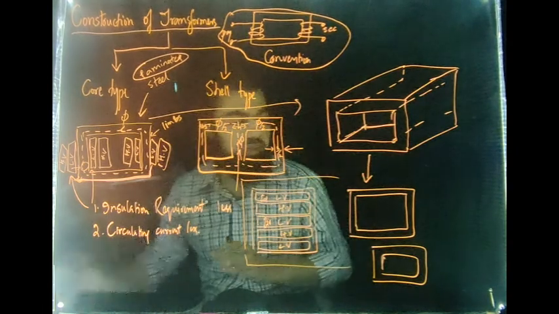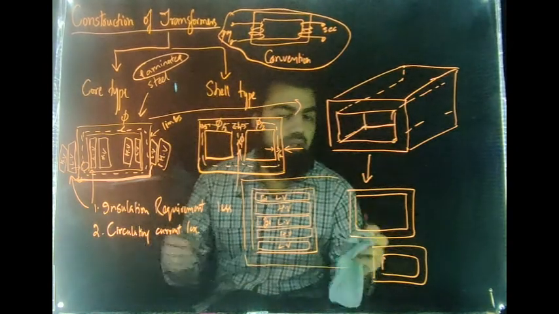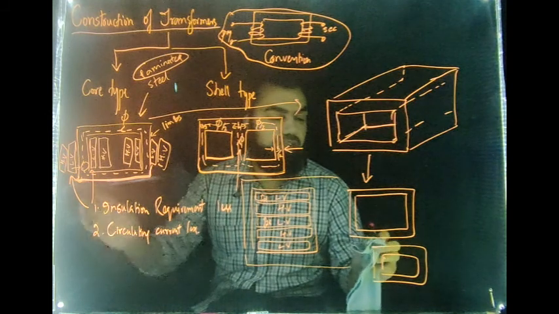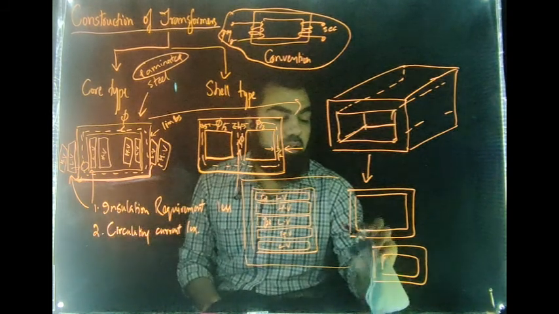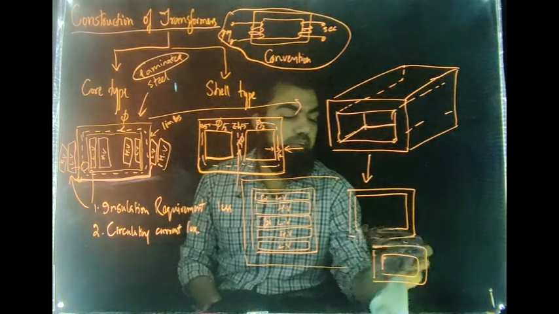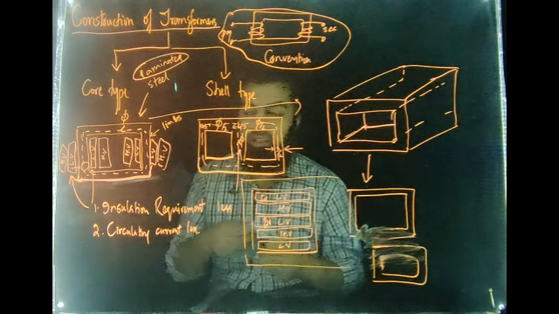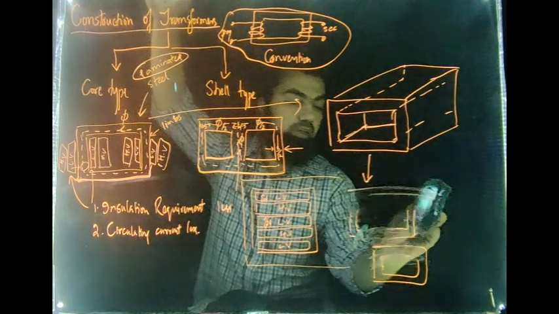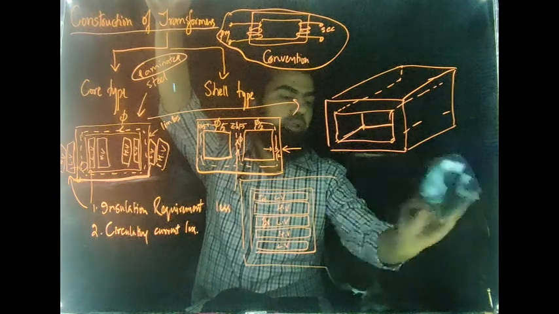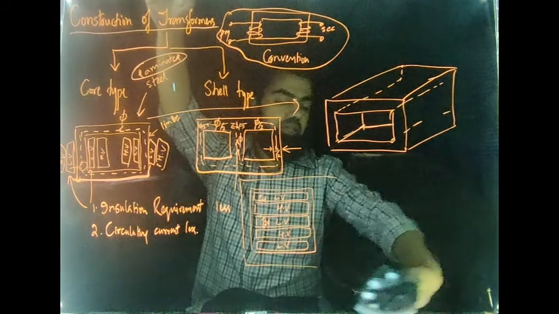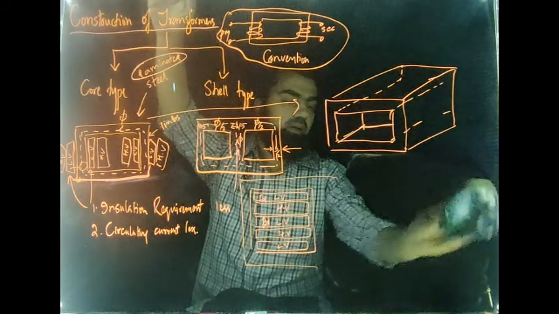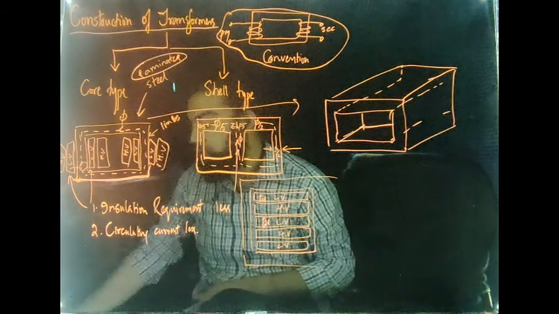Now these sheets of steel are not rectangular in nature. They can be of different shapes. So you do not have one solid block of steel that is used for the core.